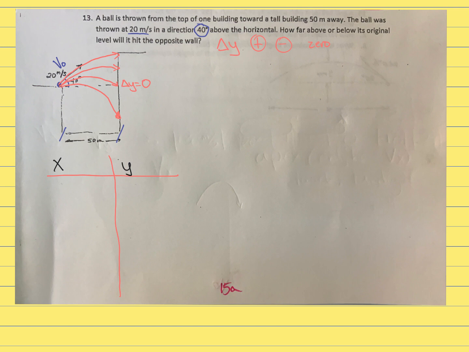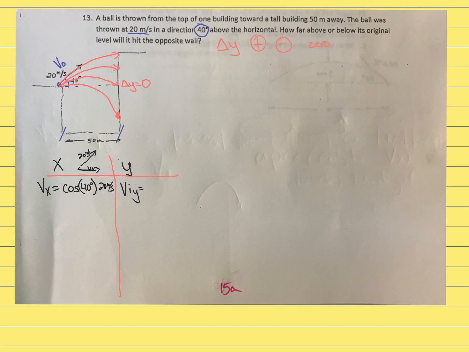And we know that the way from the previous video to find Vx, because it is adjacent to the 20 meter per second throw, is that I must be using cosine of a 40-degree angle times the initial v0, or 20 meters per second. My v initial y is opposite.